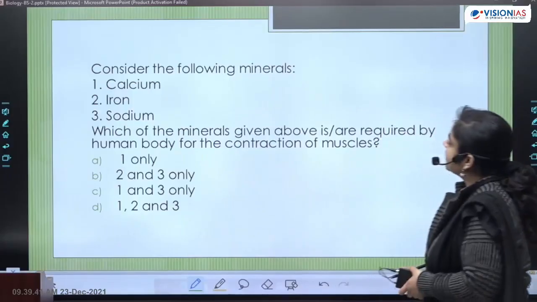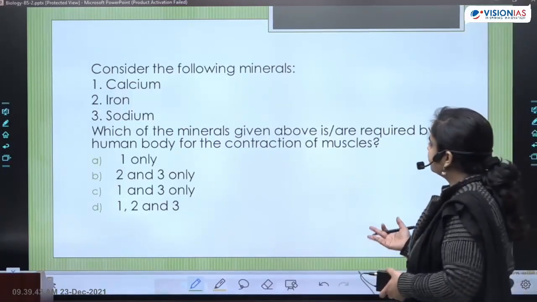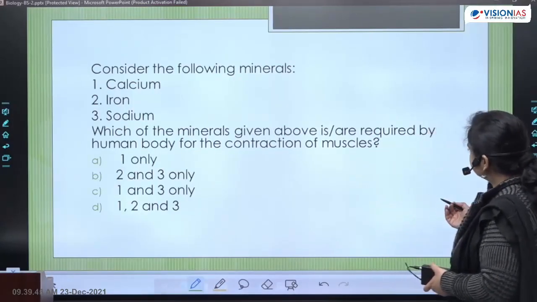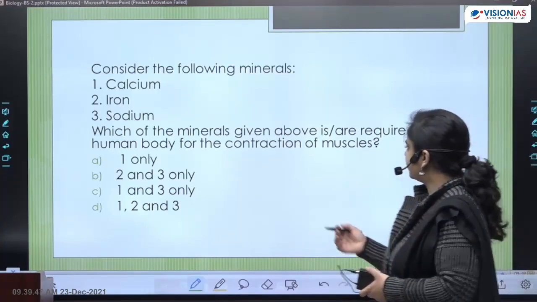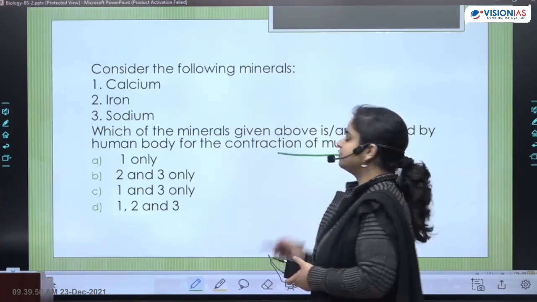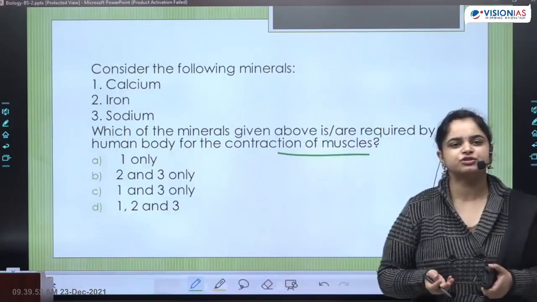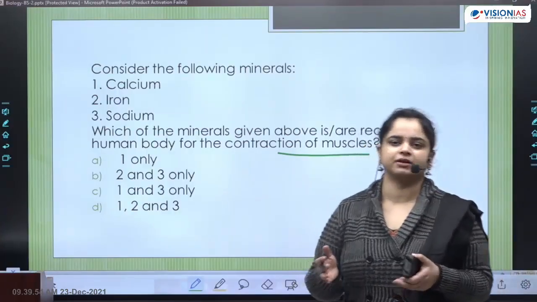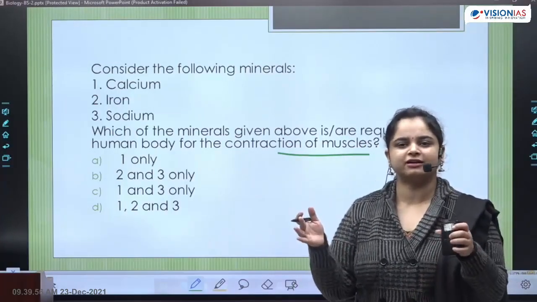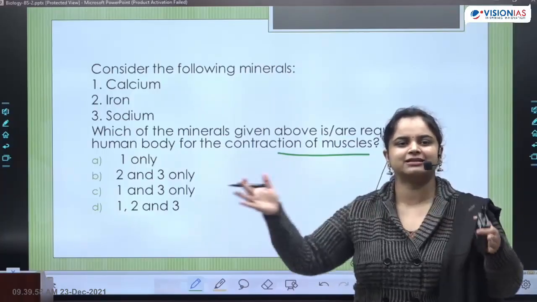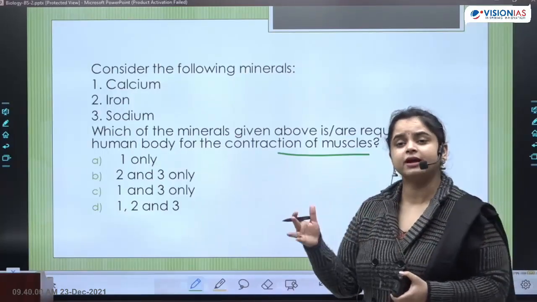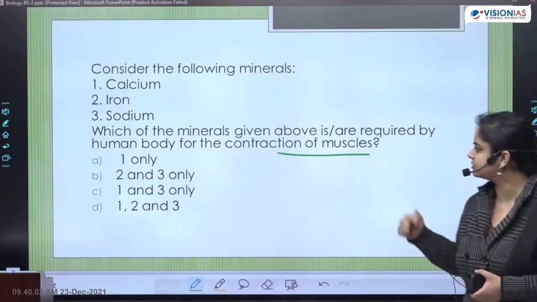Calcium, iron, sodium: which of the minerals given above are required by the human body for contraction of muscles? Contraction of muscles just means the movement which is happening. The muscles contract and expand, so the term for their movement is contraction of muscles.